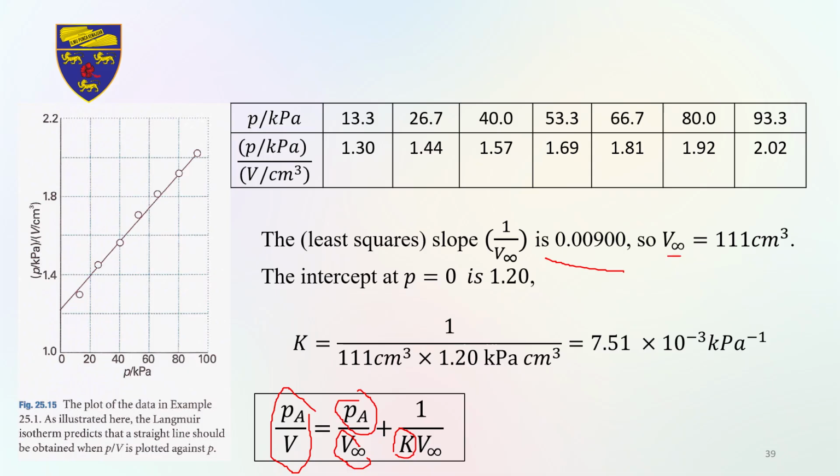Therefore, the volume required for the carbon monoxide to form a single layer on the adsorbent, which is the charcoal, is 111 cubic centimeters.